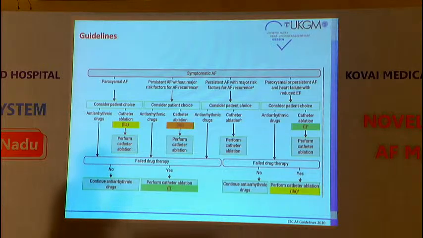We have new ESC guidelines, and the guidelines are what we should follow. So what do the guidelines say? The guidelines clearly say consider patient choice at first. Either go for catheter ablation or go for antiarrhythmic therapy.